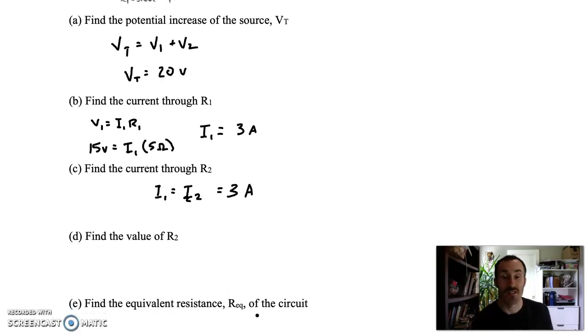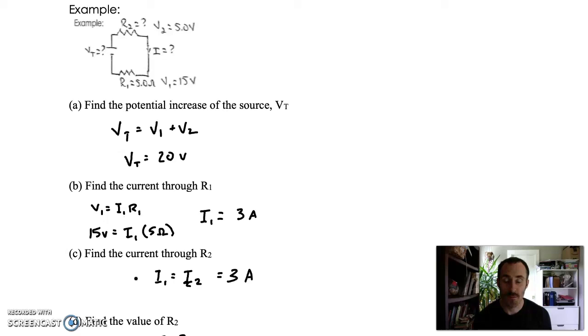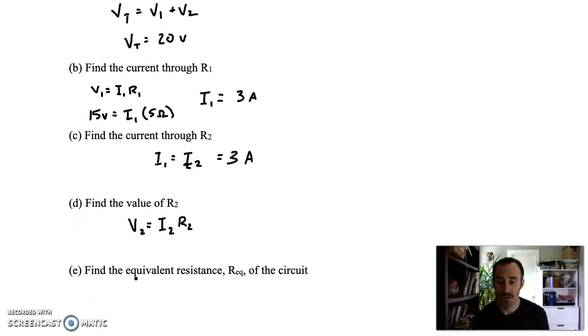That's going to allow us to find the value of R2. So the value of R2 can be figured out using V equals IR again, because now we have V2 told to us, I2 we also have now, and so now we can solve for R2. Okay, so V2 is going to be 5 volts, I2 is 3 amps.